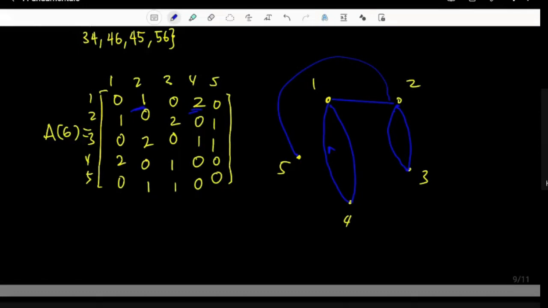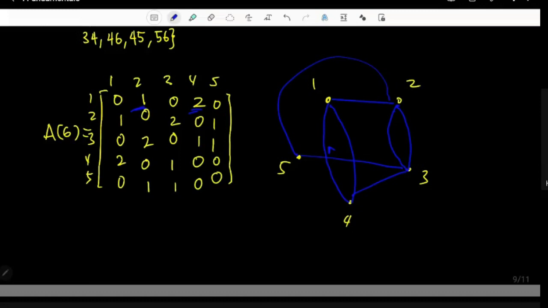Now, vertex 3 is connected to vertex 2. We've already drawn that already. Ito na yun, dalawang connection. And it's also connected with vertex 4 and vertex 5 with one connection. So, 1 for 3, 1 for 5. And then vertex 4 is connected, of course, we already know it's connected to vertex 1, 2 connections, vertex 2, 1 connection, vertex 3 rather, 1 connection, and nothing else.